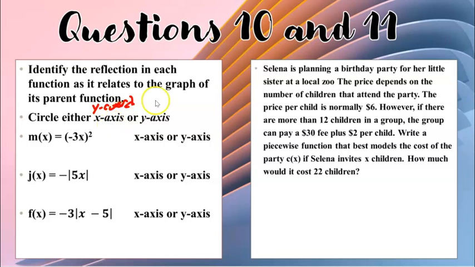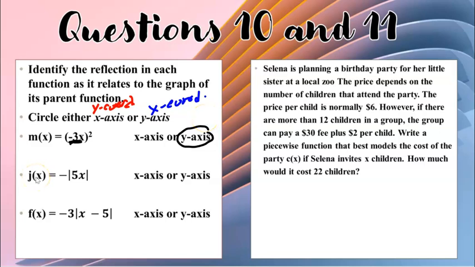If it's across the y-axis, the x-coordinate is affected by the negative. So m of x equals negative 3x squared. Now the negative is on the inside. So I'm multiplying the x by the negative, so my x is affected by the negative before I square it. So since the x-coordinate is affected, it's going to be across the y-axis.